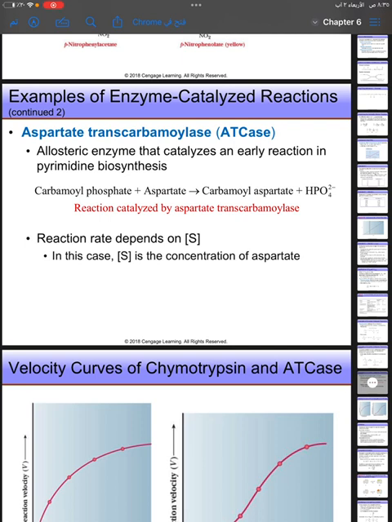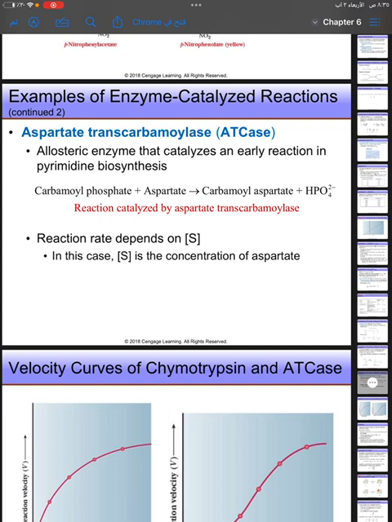Fine. Now the rate of reaction depends on the substrate, and in this case the substrate that makes the difference in the reaction is the aspartate itself. So the aspartate is determining the rate of the reaction. The more aspartate, the more increase in the activity of the enzyme until you reach the maximum. But this enzyme has an issue, which is the allosteric structure, and the allosteric structure will not form a hyperbolic curve. The curve will be sigmoidal.